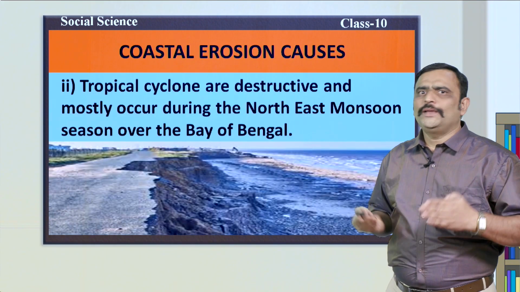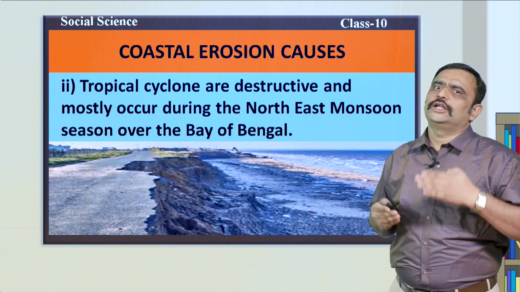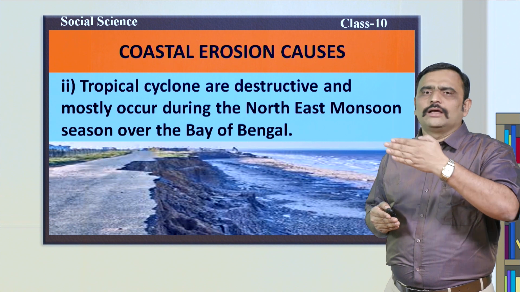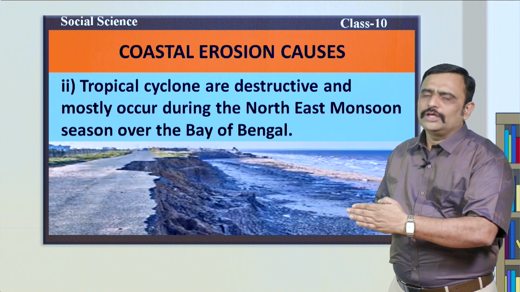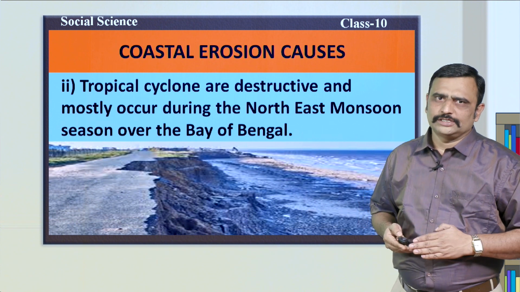Second one is tropical cyclones, which are destructive and mostly occur during the northeast monsoon seasons over the Bay of Bengal. Especially the Bay of Bengal associated areas such as Bengal, Odisha, Tamil Nadu are the areas which are affected by the coastal erosion.